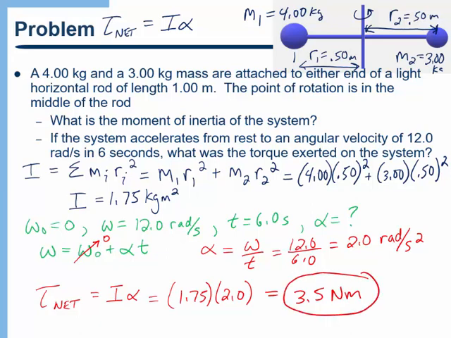So that would be the answer to our question. Notice I could have asked a follow-up question. I could have said, if the force was applied, let's say at a distance of 0.25 meters right here at an angle perpendicular, then what was that force to produce that torque? And then we would use the definition of torque to figure that out.